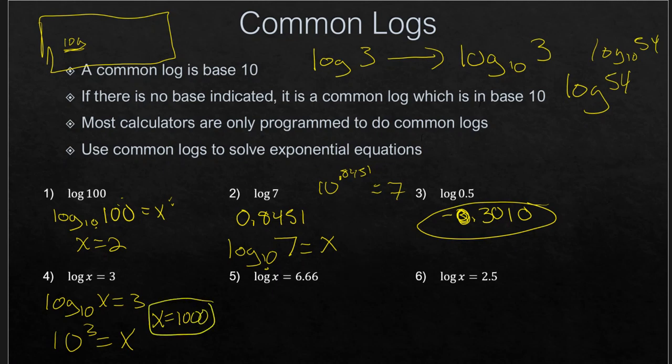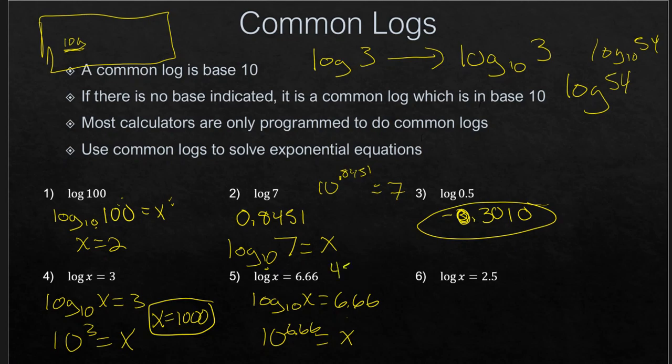For the next one, again, if we were converting this, this is the log in base 10, and then it's 6.66. So 10 to the power of 6.66 equals x. So on your calculators, you would do 10 to the 6.66 power. I don't know why they picked such a random number in the book.